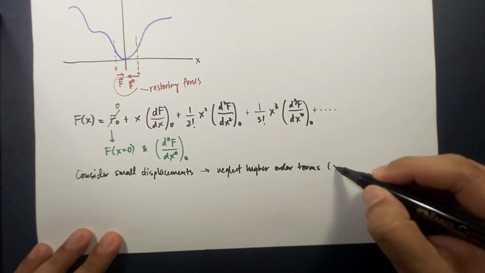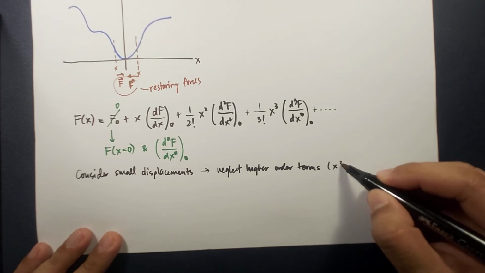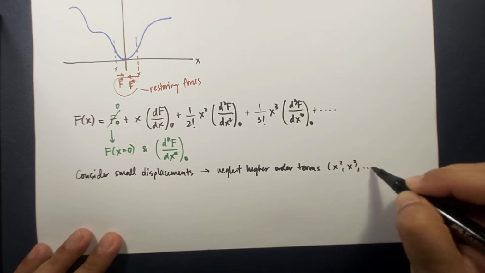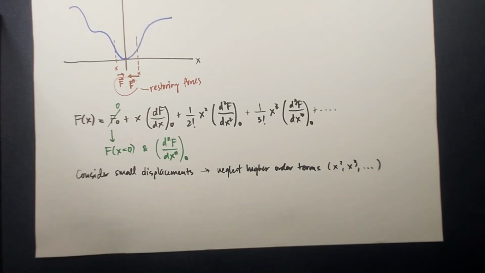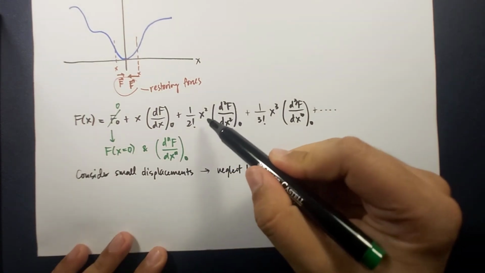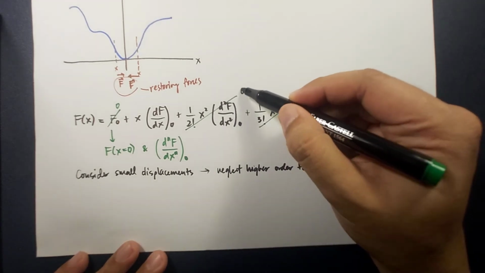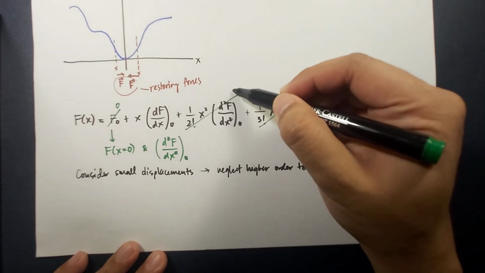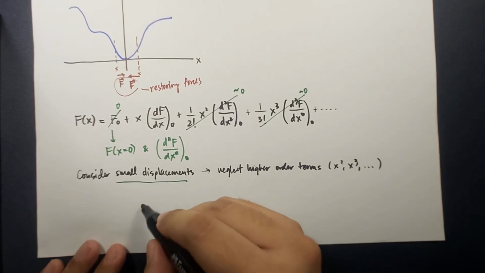So what does it mean? The x squared, x cubed, and higher order terms can be neglected. So in other words, these terms can also be neglected.